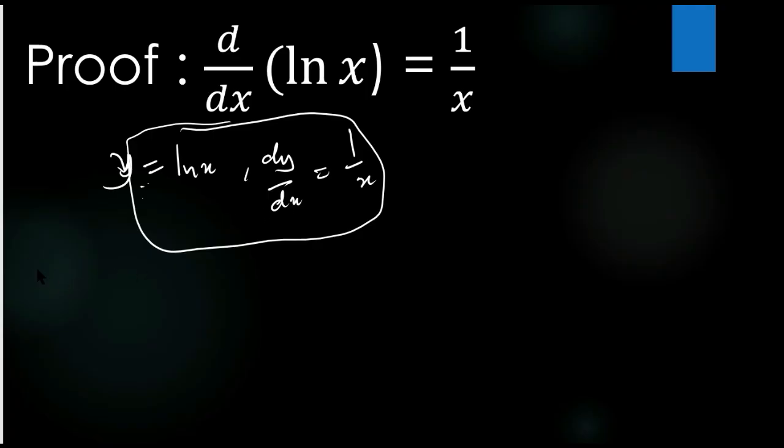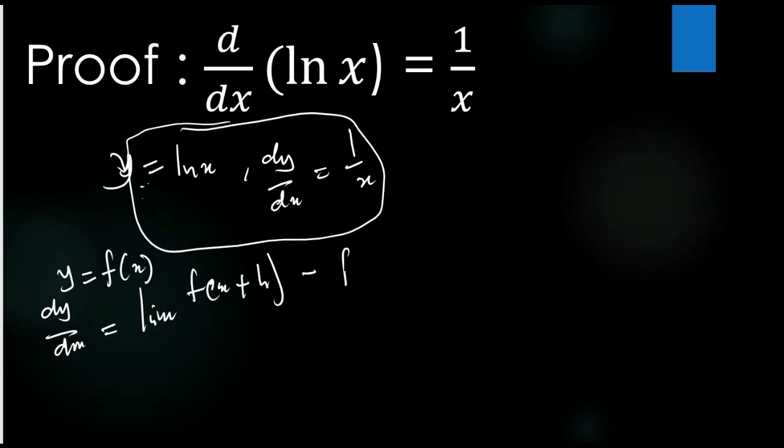Now, first I want us to remember from first principles that when y equals f of x, dy/dx is the same thing as the limit as h tends to 0 of f of x plus h minus f of x, all over h.